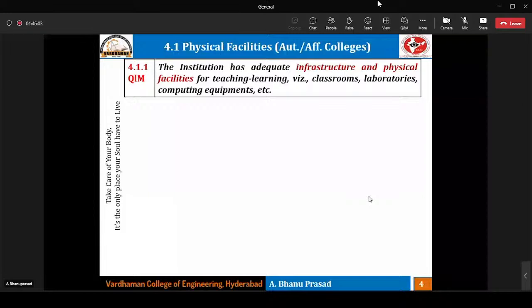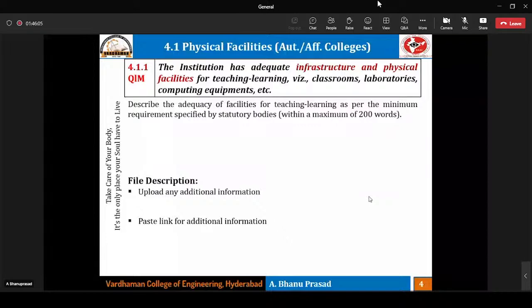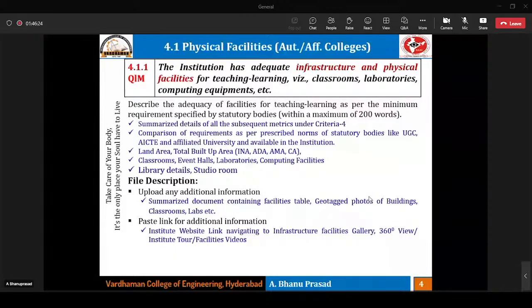So the metric asks you to describe the facilities for teaching and learning as per the minimum requirement in 200 words, with a file description, any additional information, and a link for additional information. In this 200-word description, what we can upload is the summarized details of the subsequent metrics under criterion 4.